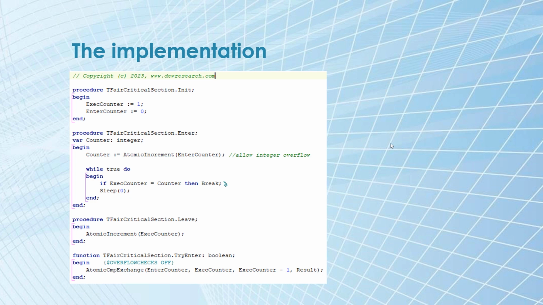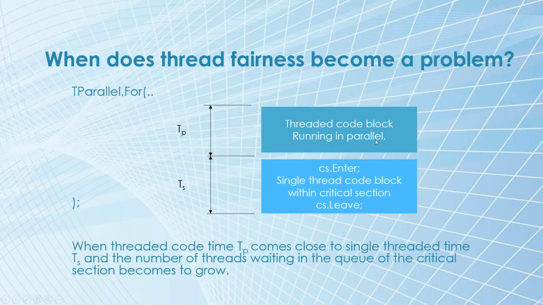But if our critical sections are short enough relative to other threaded code blocks, then this problem of fairness will never occur, because the waiting lines for the critical sections will most of the time be empty.